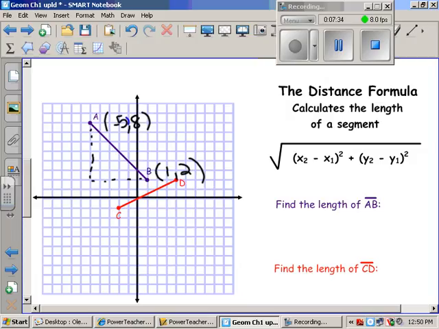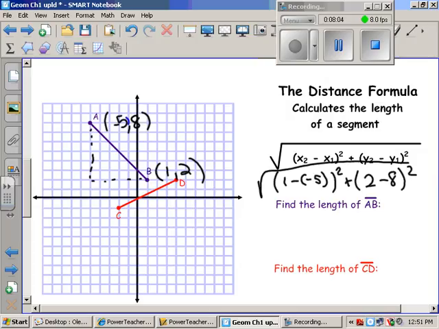So to find the length of going this way, I'm going to use the x's. So I do x2, which is 1, minus x1, which is -5, squared, plus, and to find the length on the y's, it's y2, which is 2, minus 8, squared, all under the big giant square root.